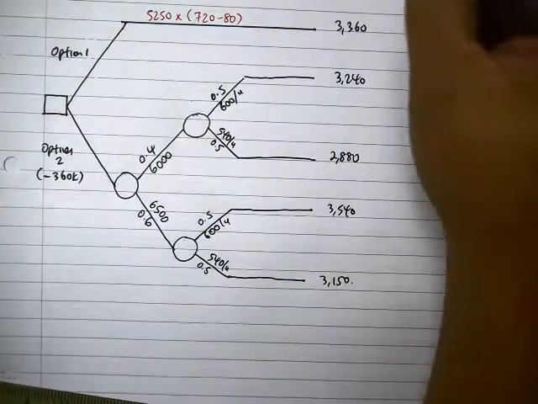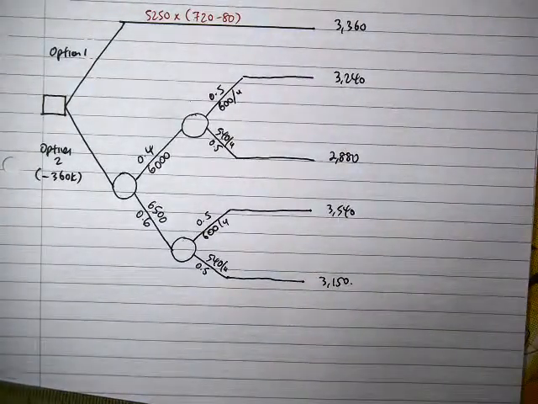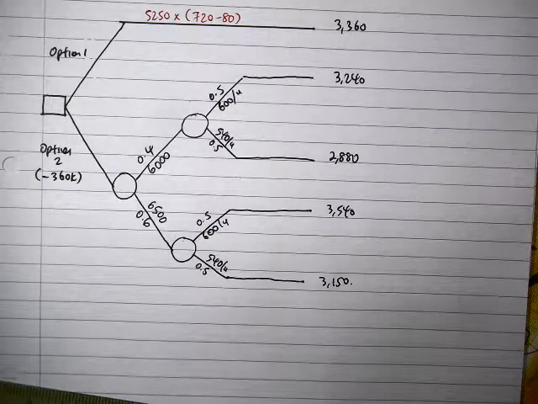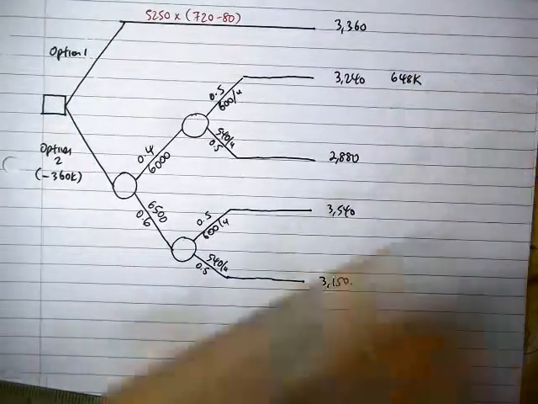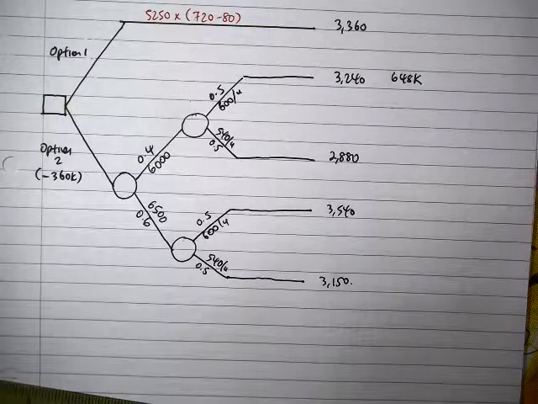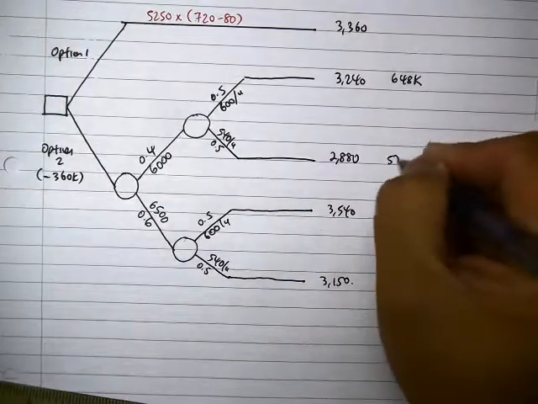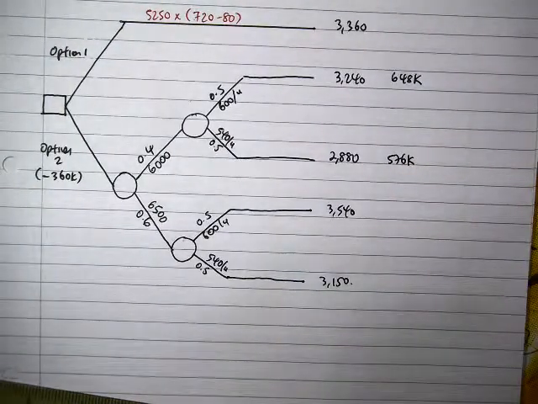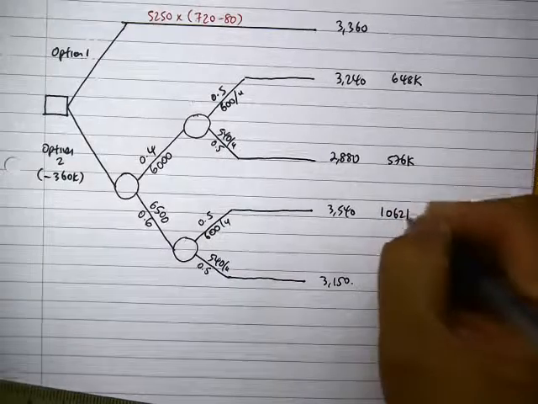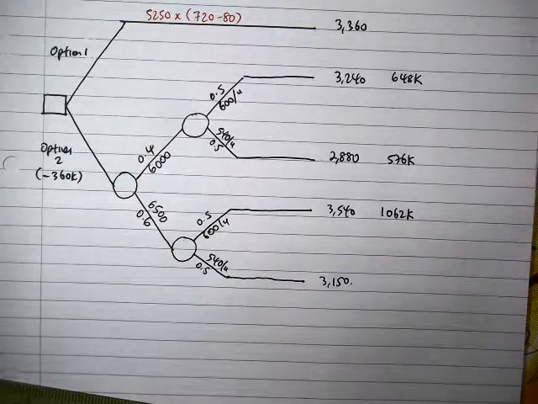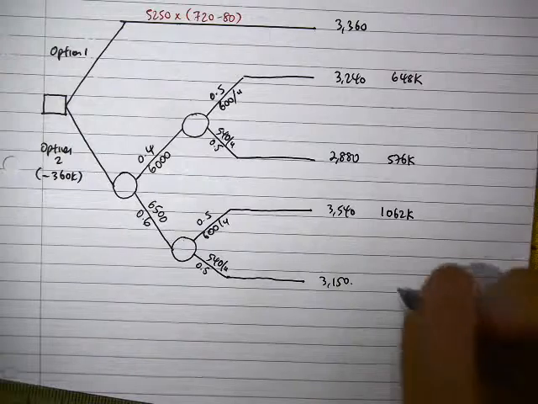But this one you need expected value. So 3240 times 0.4.5 is 648. 2880 times 0.4.5 is 756. 3540 times 0.6.5 is 1062. And this is 945.